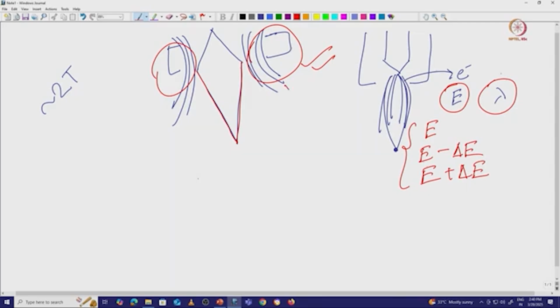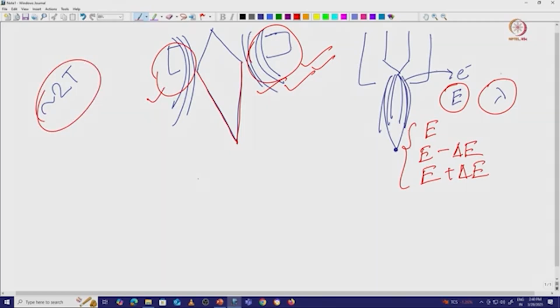There will be some kind of changes, right? But here our magnetic field is completely the same. There is no change anywhere. Just consider that we are using 2 Tesla continuously.